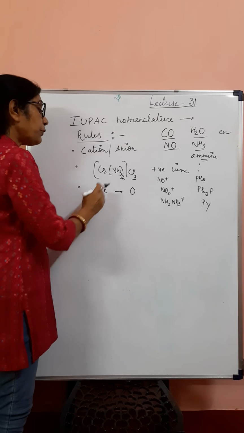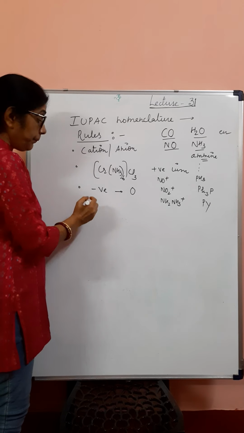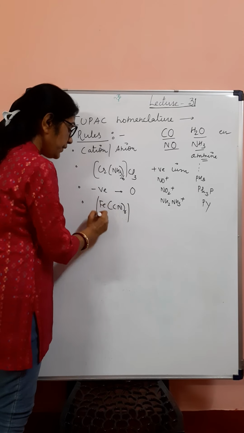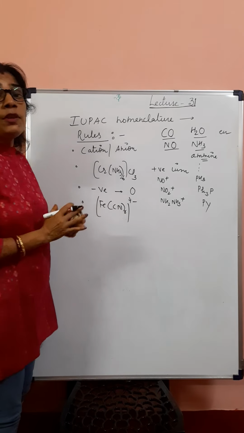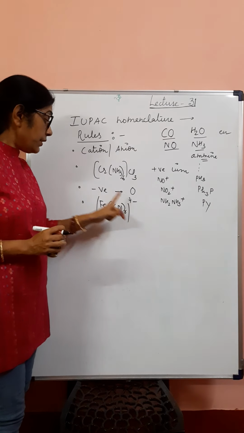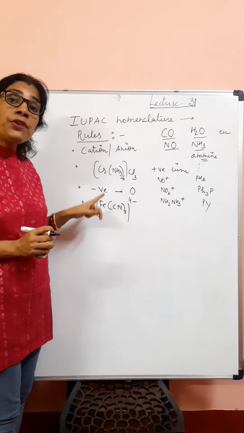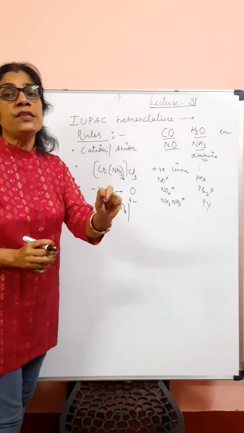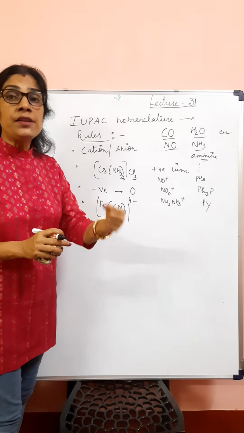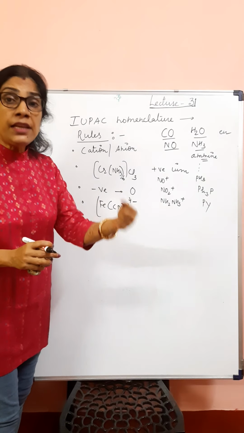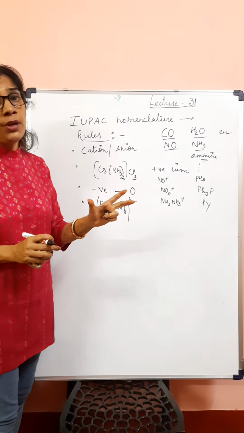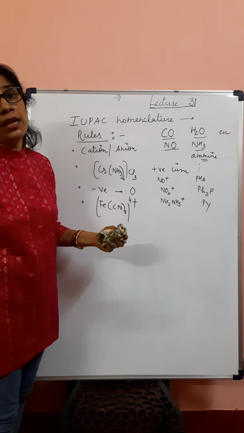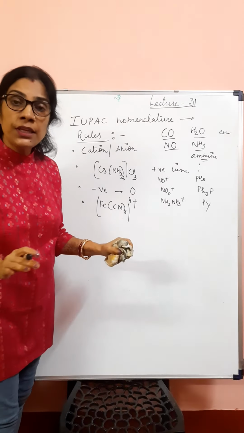Then, if the complex is negative, suppose [Fe(CN)6] minus, then the name of the central metal atom ends with the suffix -ate: ferrate, cobaltate, nickelate, palladate, chromate, etc. But if the complex is positive or neutral, then no characteristic ending.